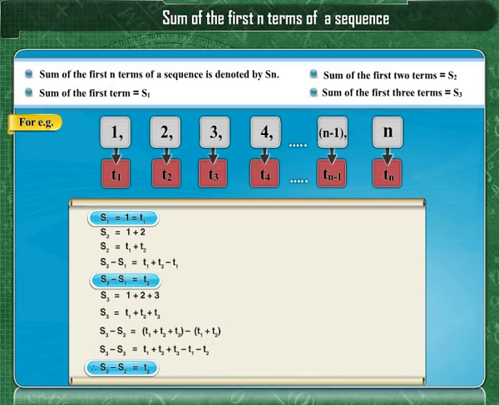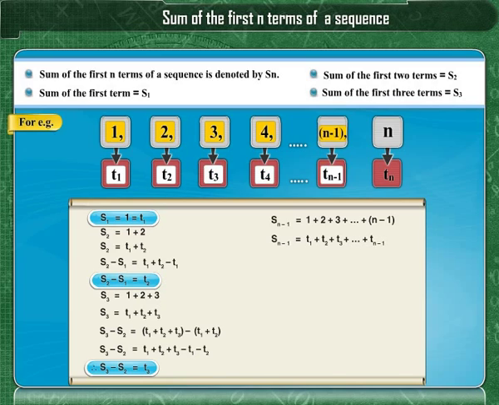In the same manner, can you find the sum of the first n-1 terms of the given sequence? The sum of the first n-1 terms, that is Sn-1, is equal to 1 plus 2 plus 3 and so on till n-1, which is same as T1 plus T2 plus T3 and so on till Tn-1.